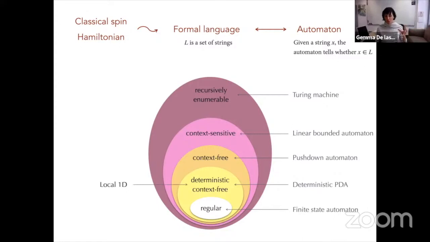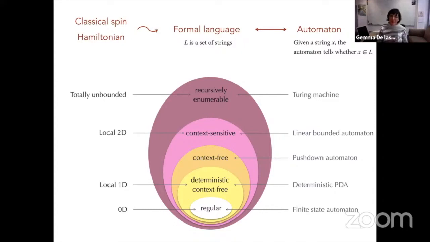Well, we prove that local 1D spin Hamiltonians correspond to deterministic context-free languages, local 2D spin Hamiltonians to context-sensitive languages. This is also true for higher dimensional lattices. 0D Hamiltonians, which we see as a subclass of 1D Hamiltonians, which are in some sense holographic, I will explain this, are regular languages.